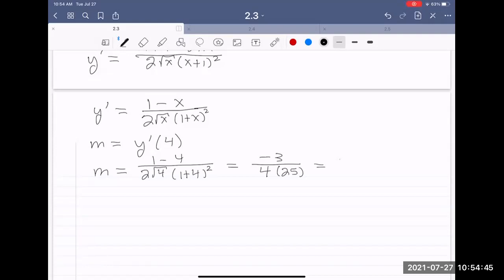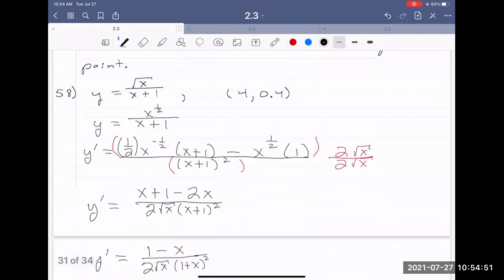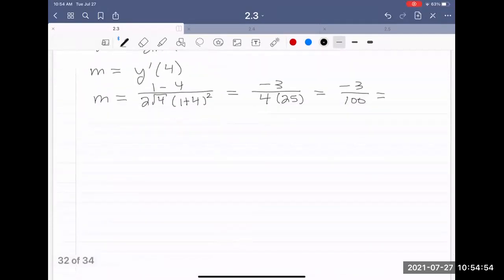So this is -3 over 100. They write that in decimal, but I don't want to write decimals. So I'll just leave it as -3 over 100.